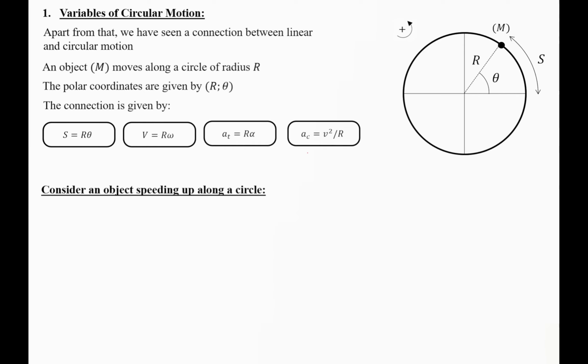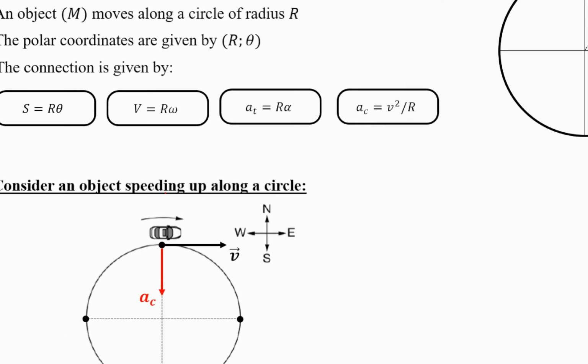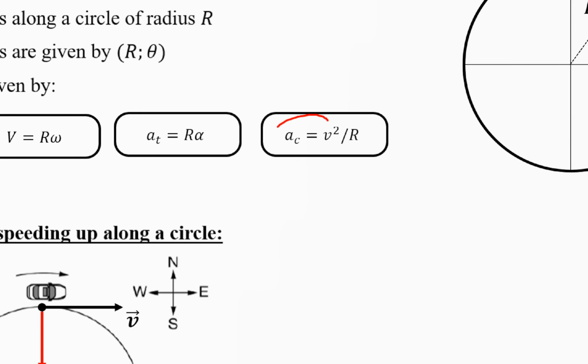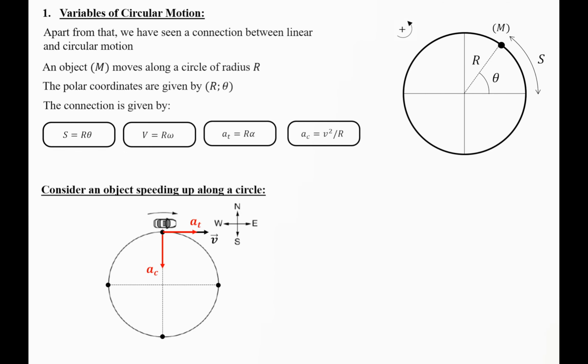Consider an object speeding up along a circle. First of all, the velocity is always in the direction of motion and tangent to the trajectory. We always have centripetal acceleration whether we're speeding up or slowing down, because it is due to the change in direction. Then we would have the tangential acceleration, which is due to speeding up or slowing down, and the total acceleration would be pointing down and to the right.